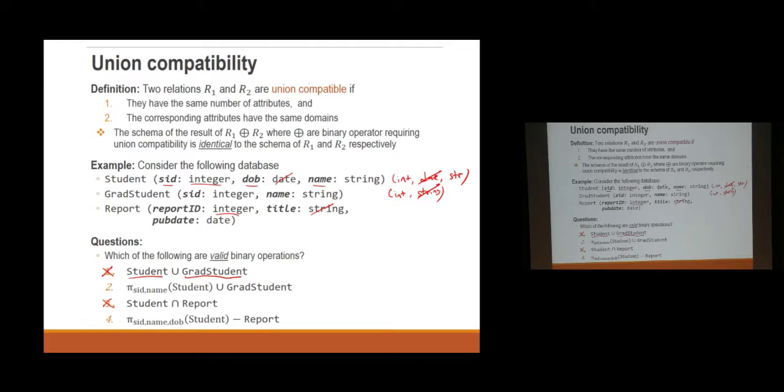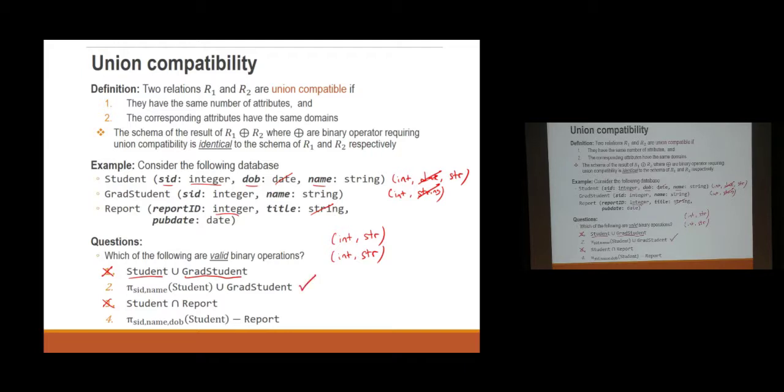Once you do a projection on the student, you have SID and name only. So once you do the projection, the left side will be integer and string. And the right side, which is the grad student, is also integer and string. So they are union compatible. So this one is okay.